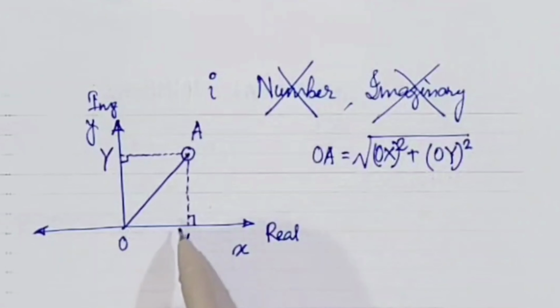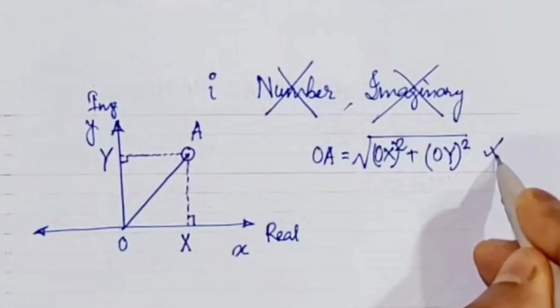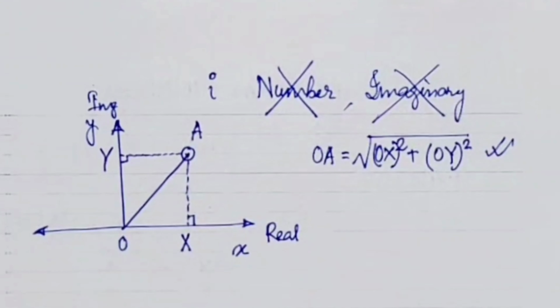From triangle OXA, OX square plus AX square will be equal to the square of the hypotenuse, that is OA. Hence OA is equal to the square root of OX square plus AX square, and AX is the same as OY. Hence we arrive at this. I'm not going to derive this here. If you need me to explain this, I can do that as a separate lesson, as a recap.